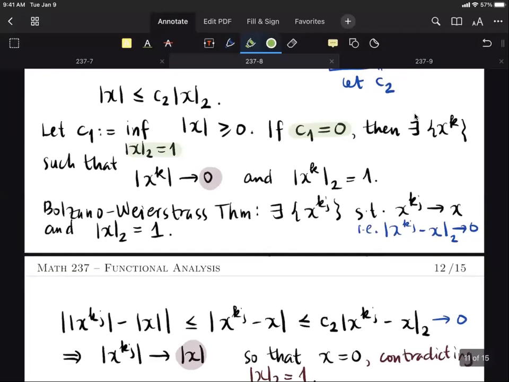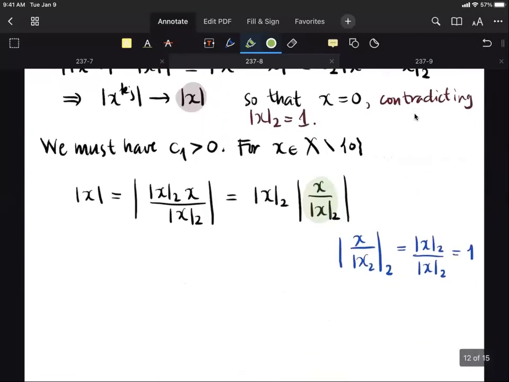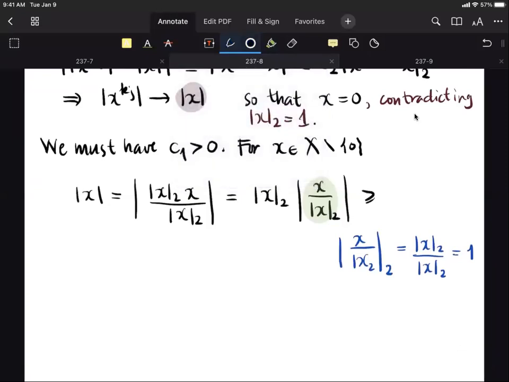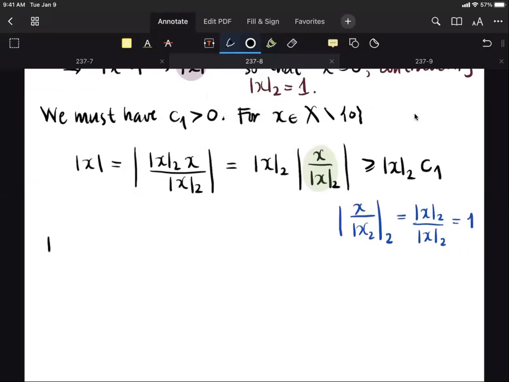Since C1 is the infimum, therefore the second factor must be greater than C1, times the Euclidean norm of x. So writing that in this way, C1 times the Euclidean norm is less than or equal to this given norm of x.